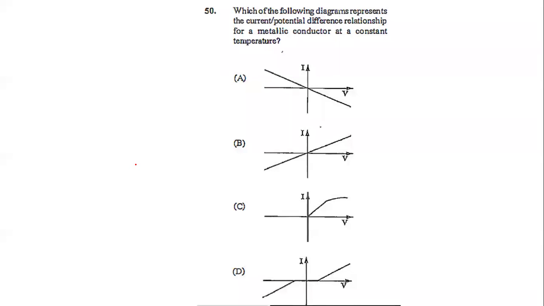Question 50. Which graph is showing the relationship between current and potential difference for a metallic conductor at constant temperature? All right, so the first response I see is from Adrian King. One of Adrian is Aaron. Aaron, you're using somebody else's username.